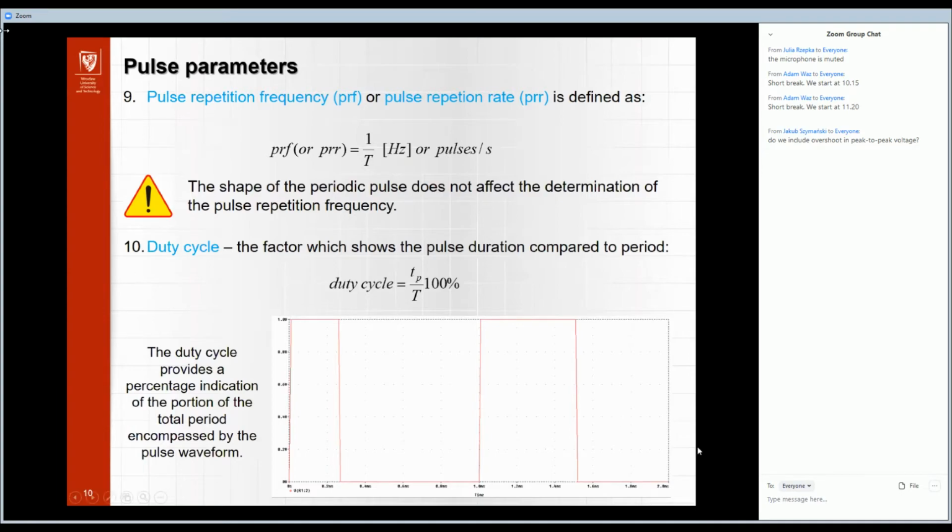For example, we have here 2 pulses, the first and the second. Here the width is 0.25 microseconds, and here the width is half a millisecond. So duty cycle in this case is 25%, and in this one it is 50%.